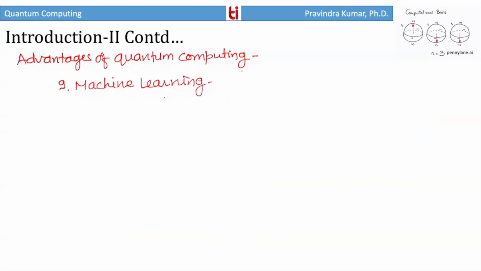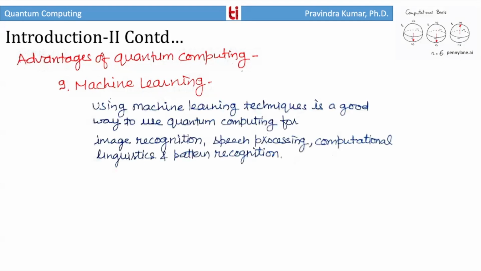We can take advantage of quantum computing in machine learning. Using machine learning techniques, it is a good way to use quantum computing for image recognition, speech processing, computational linguistics, and pattern recognition.